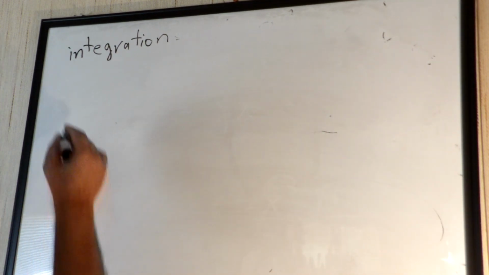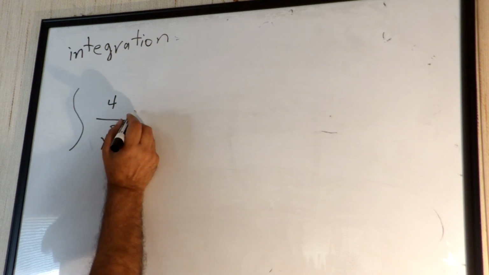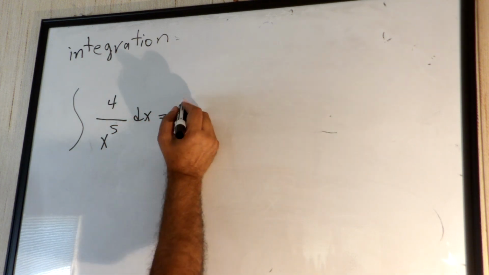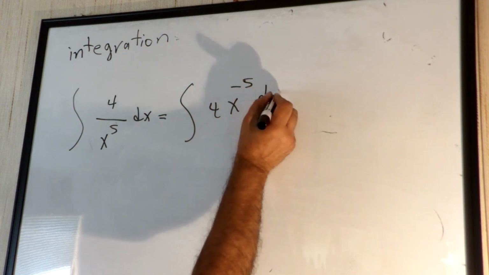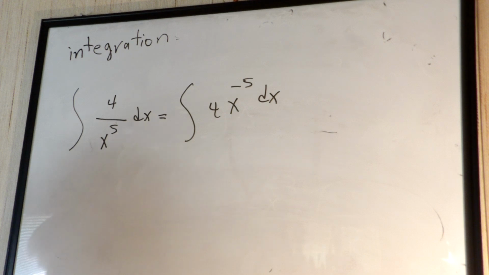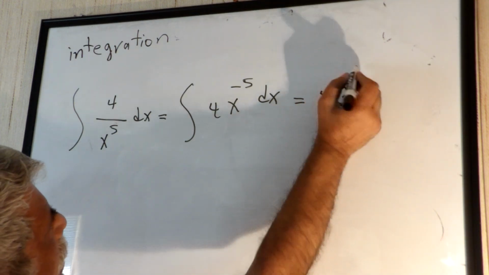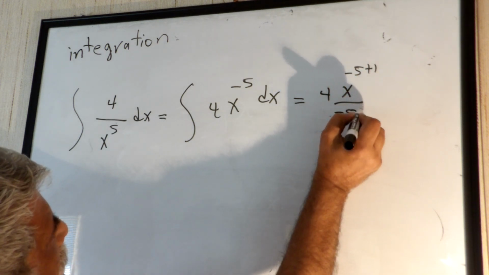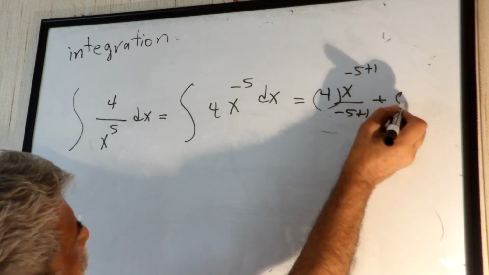Okay, how about if you have something like 4/x^5 dx? You can write it like this: 4x to the power of minus 5 dx. Okay? And then it's going to be 4x to the power of minus 5 plus 1, divided by minus 5 plus 1, plus c.